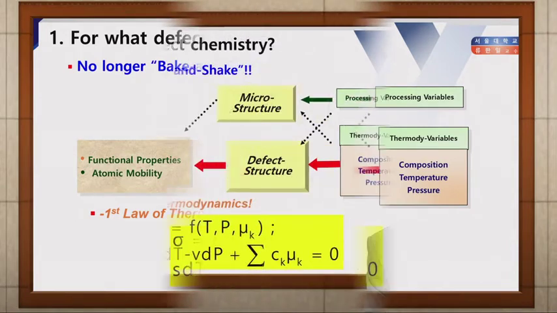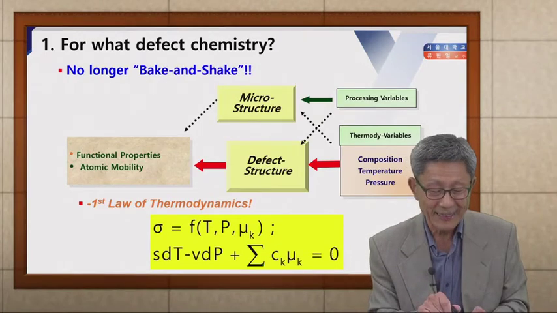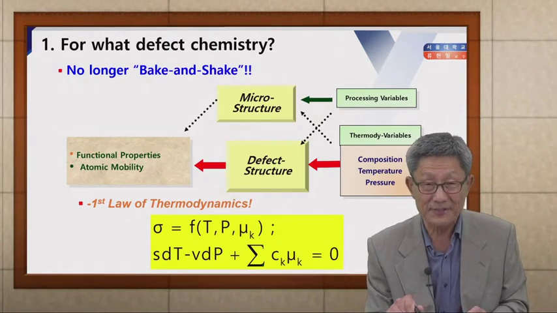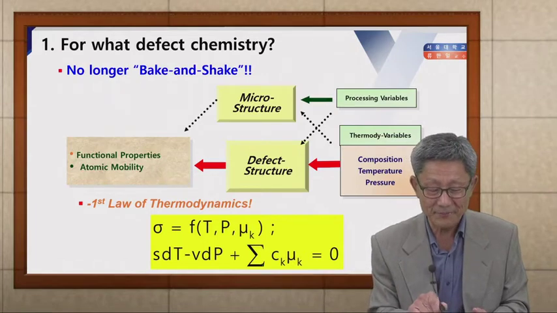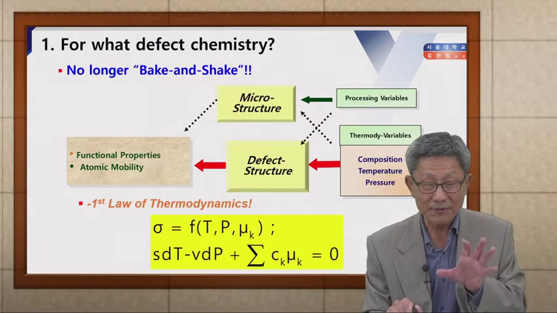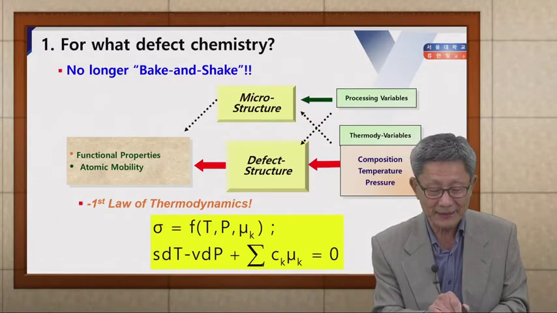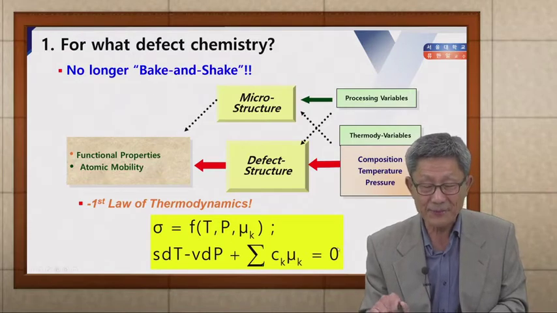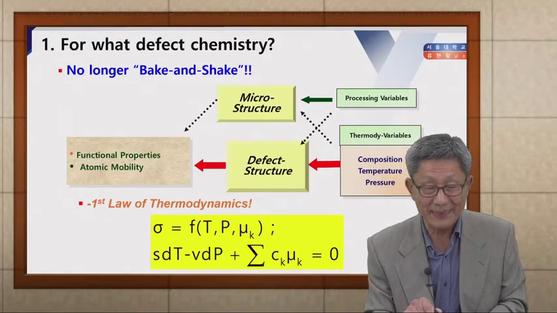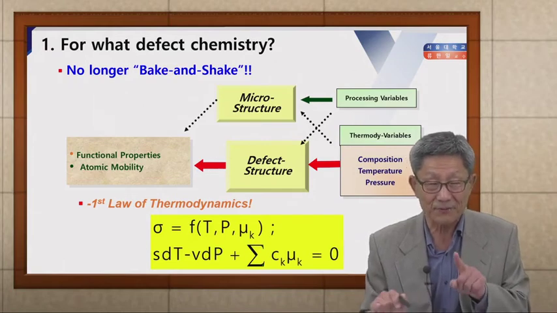And what are the independent thermodynamic variables? I'm sure most of you understand the Gibbs-Duhem equation, namely relating all the intensive variables of your system, namely temperature, pressure, and chemical potential of each component. Once you are playing with a single-phase system, then due to the presence of a single Gibbs-Duhem equation, you end up with the C-1 composition variables and the temperature and the pressure.